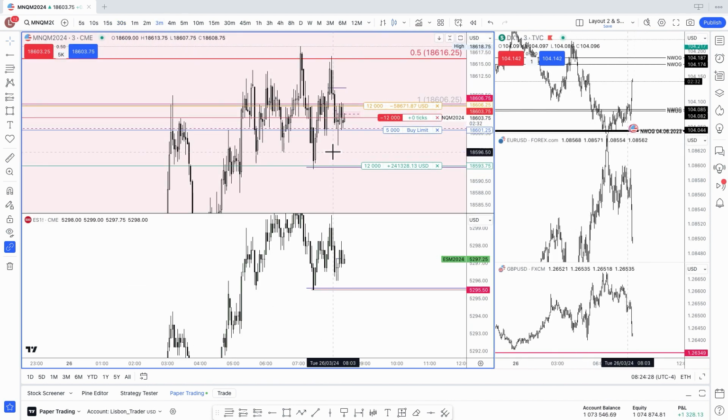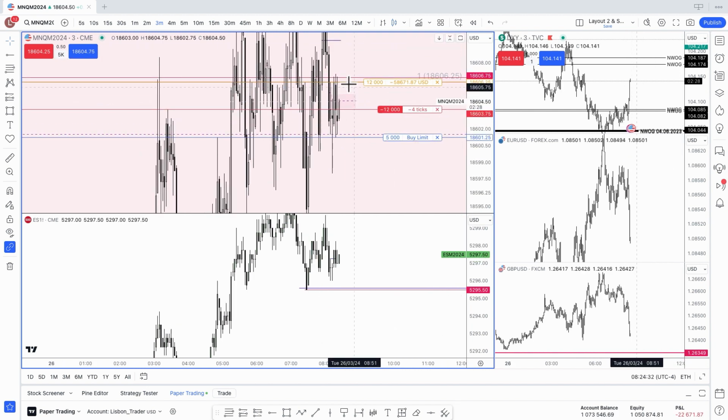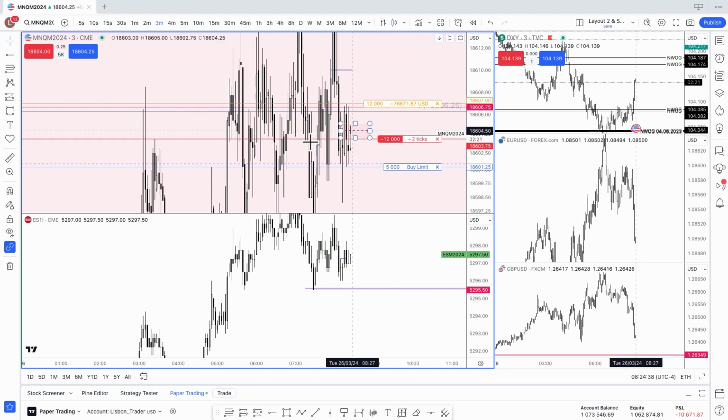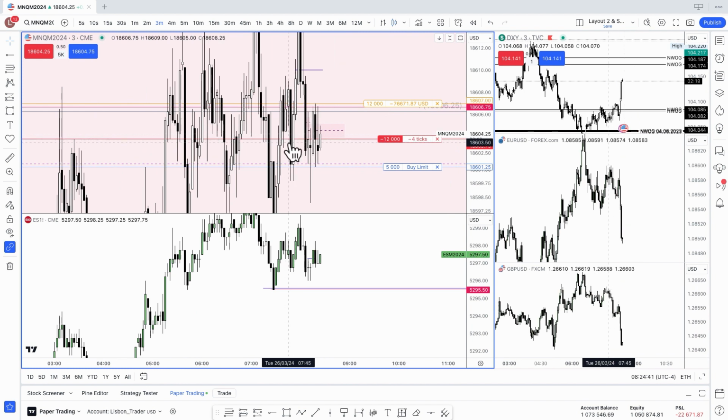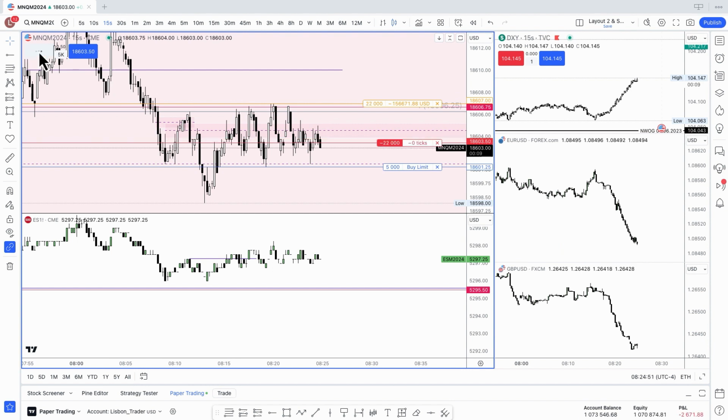Lower low. Not sure if they want to take this IOFED again. Institutional order flow entry drill. Yeah, rejecting. Selling.